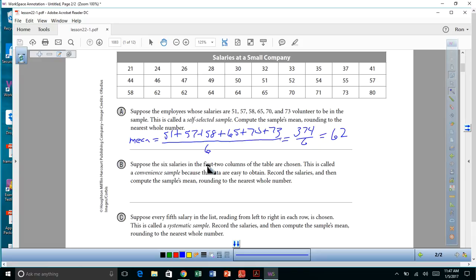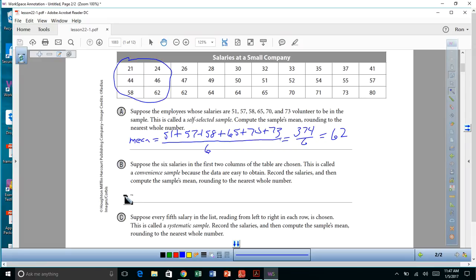Suppose the 6 salaries in the first two columns of the table are chosen. This is called a convenience sample. So we're just going to take these 6 right here. Record the salaries and compute the sample's mean, rounding to the nearest whole dollar.